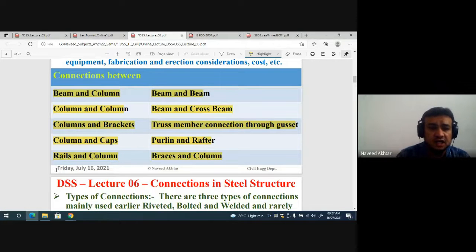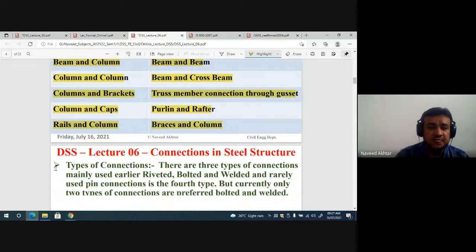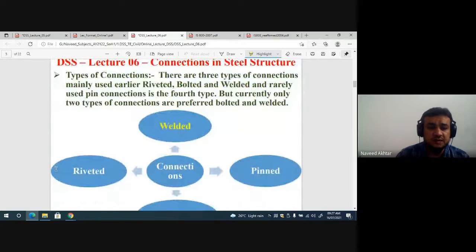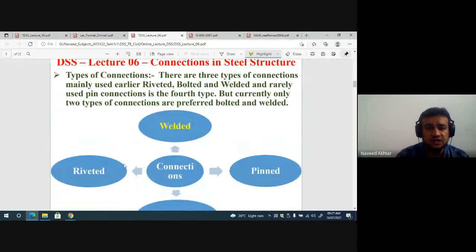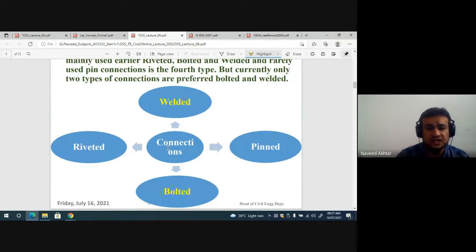You can do likewise. So there are basically, in a steel structure, earlier used three types of connections, that is riveted, bolted, and pin connection. Earlier these three connections were mostly used.